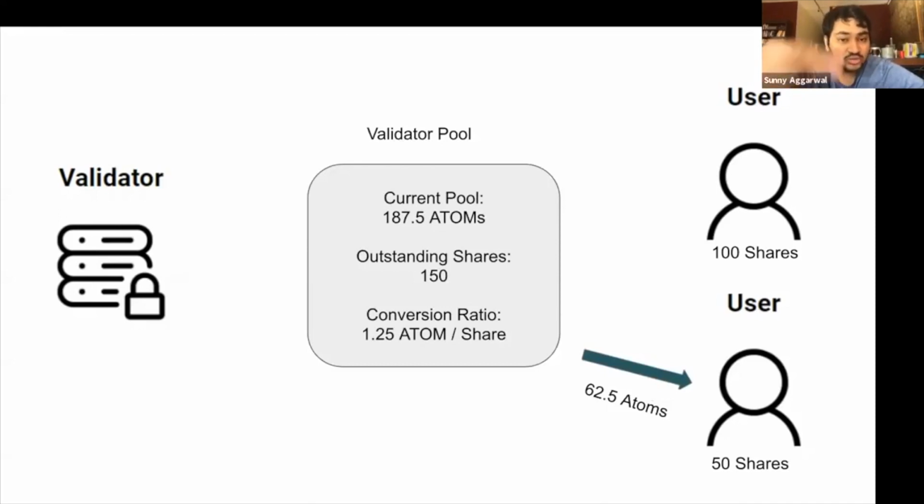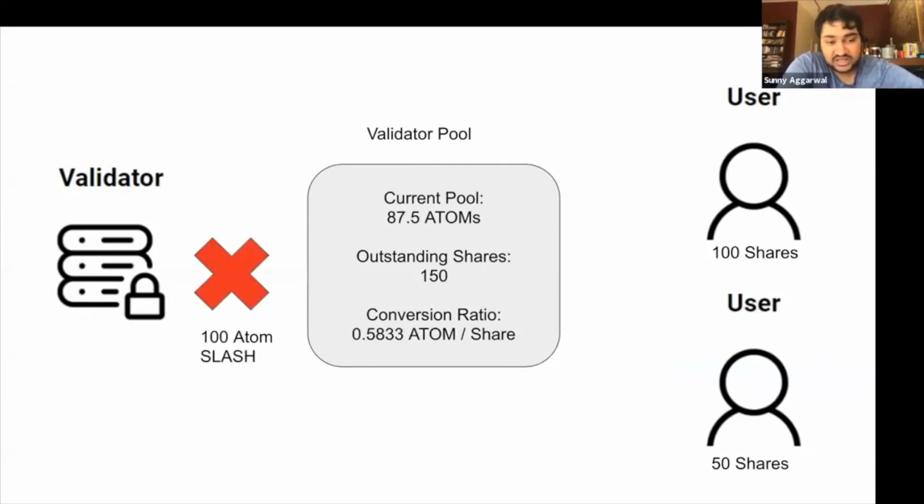So now there's only 187.5 atoms left in the pool, because it gave 62.5 to the user, but the number of shares also went down because the user unbonded, or burned, 50 of those shares. And you'll notice that when people bond or unbond, it doesn't ever change the conversion ratio. The conversion ratio only changes when the validator gets rewards or if it gets slashed.